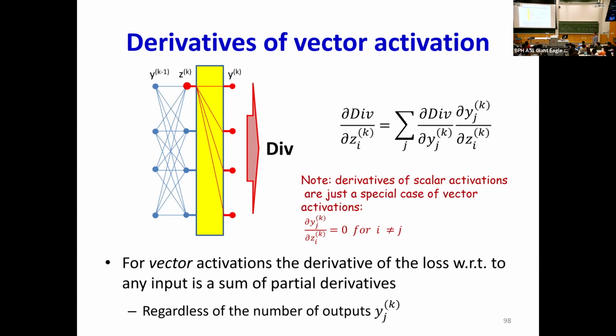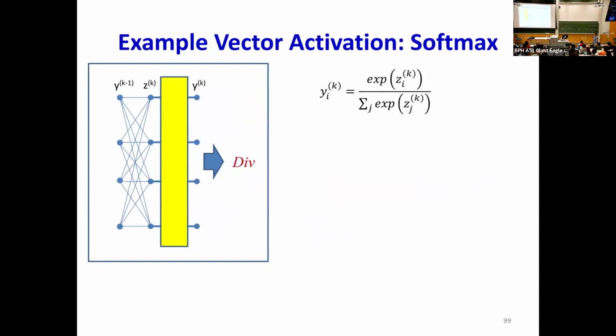One special instance of this is the softmax, right? The softmax we saw was yi equals e raised to zi divided by summation over j of e raised to zj, right? So I have all of these z's, z1, z2, z3, and you have the y1, y2, y3, and so on.